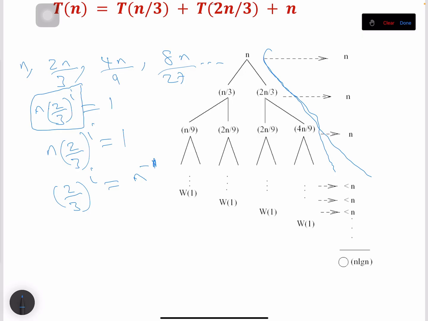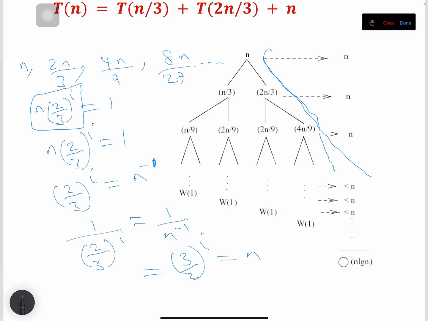I can take the reciprocal of both sides, because I want to get rid of that negative exponent, right? So this will give me (3 over 2) to the i equals n.